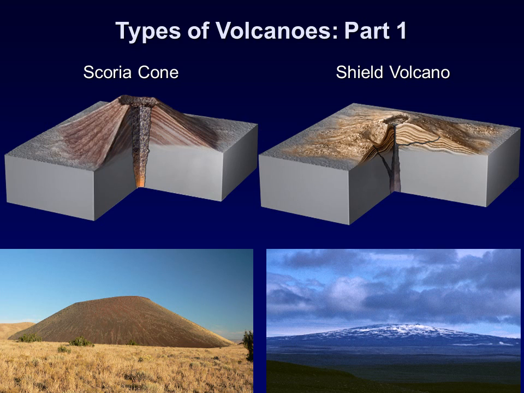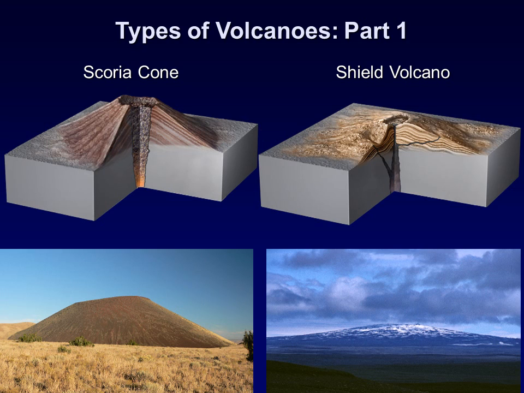So they usually have gentle slopes. They're not very steep. They're usually basaltic. Again, just like the scoria cone, basaltic meaning made of the same stuff as the oceanic crust. And size range from a kilometer across to just huge mountains.